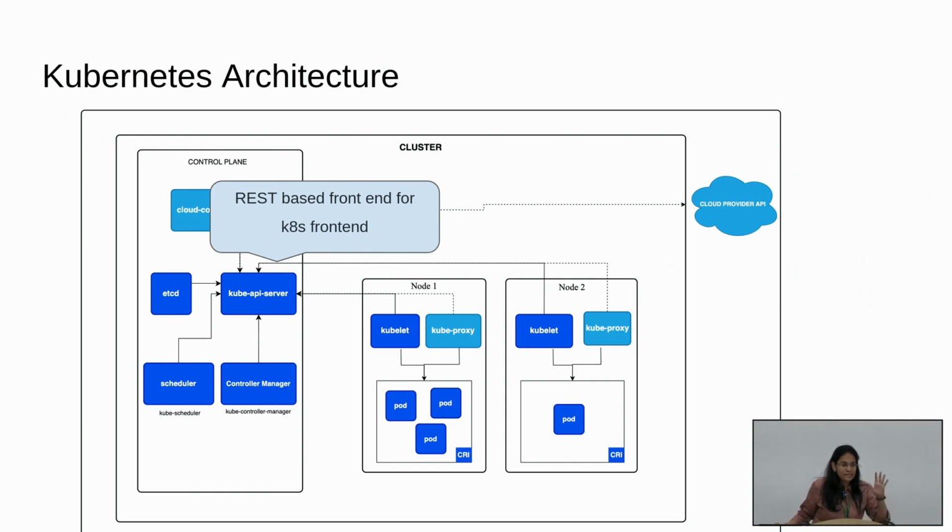The first is the control plane. In the control plane is where all the brain, or all the processing required for Kubernetes, runs, and that runs on what is called the master node of the Kubernetes cluster. Along with that, wherever your applications are running, the containers running your applications are on what are called the worker nodes in the Kubernetes cluster.